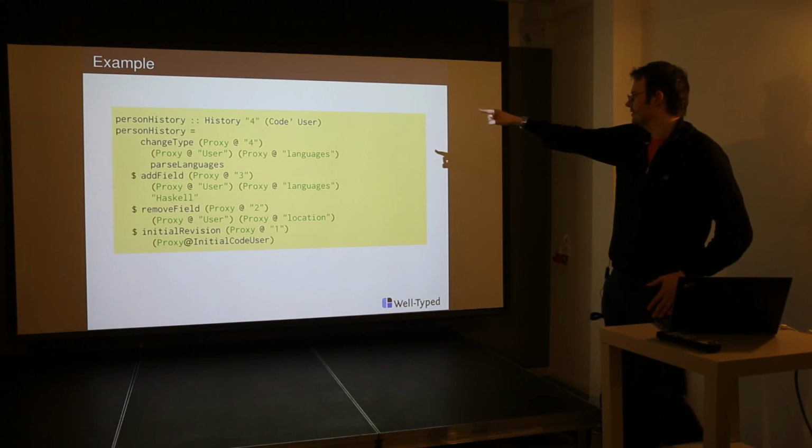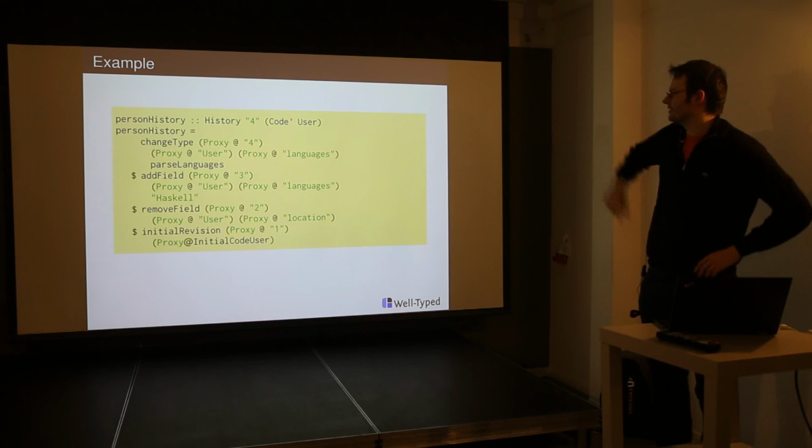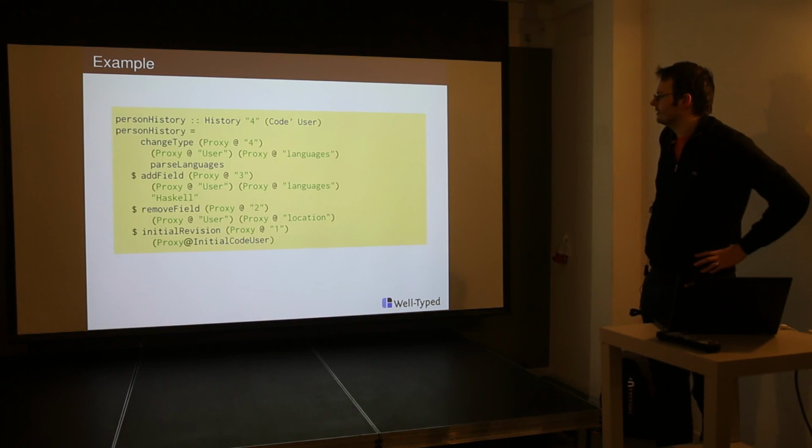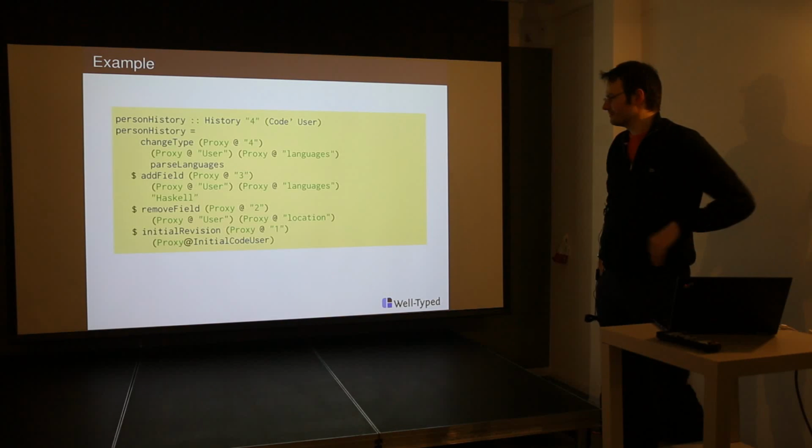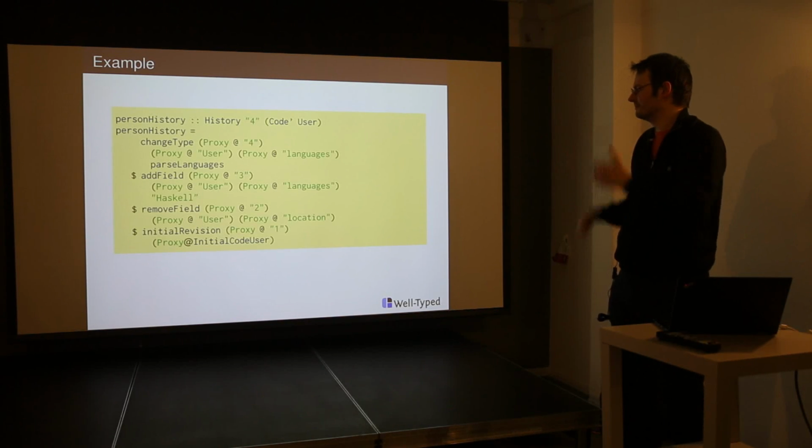So it's the history for the meta code of user, and it's backwards because it's function application. But we could define combinators to write it the other way around. I don't know what's better.